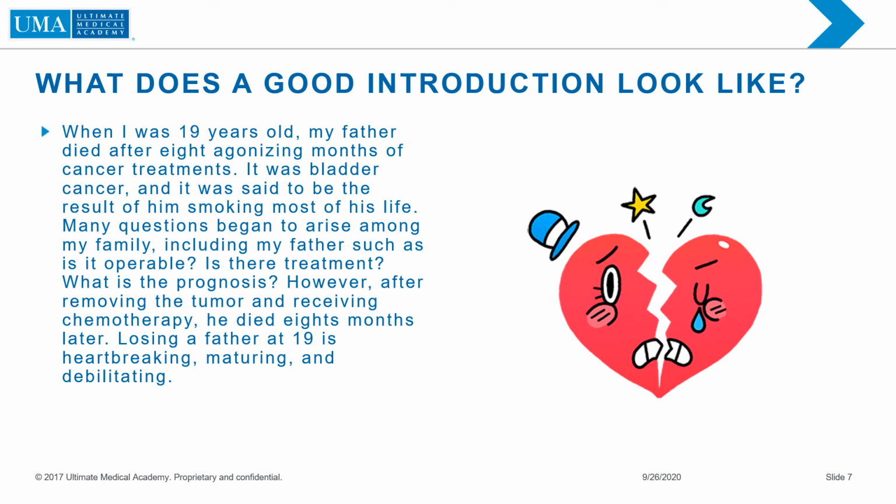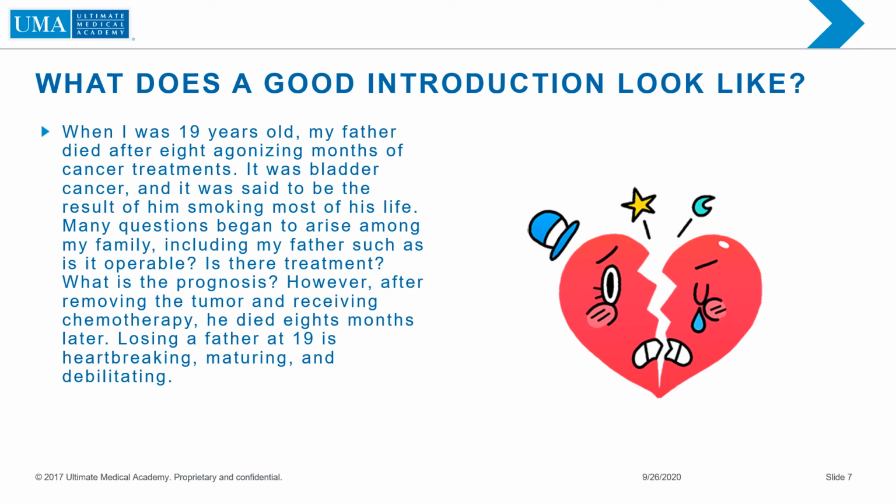And finally, my thesis statement says, losing a father at 19 is heartbreaking, maturing, and debilitating. That's my thesis statement. So I will discuss how his loss was heartbreaking to me, how it matured me in many ways, but also debilitated me in many ways.